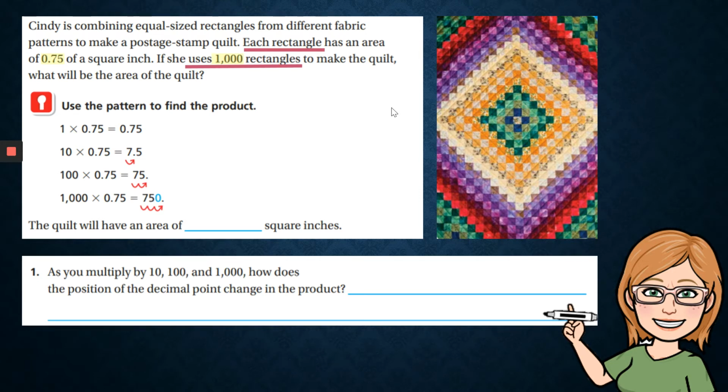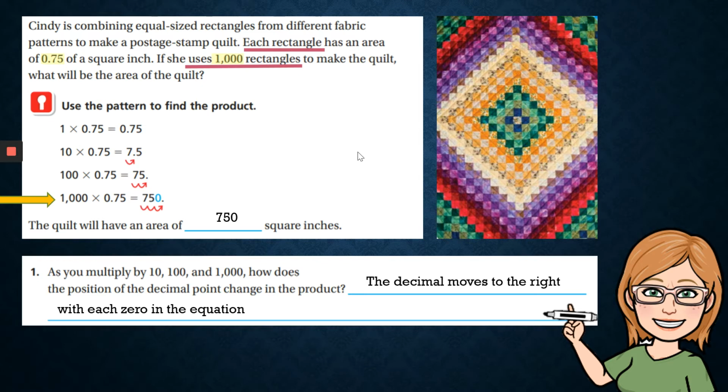Each rectangle is this size, and we're going to use 1,000 of them. How much will it take in all? So we're looking at 1,000 times 75 hundredths. So the quilt will have an area of 750 square inches.